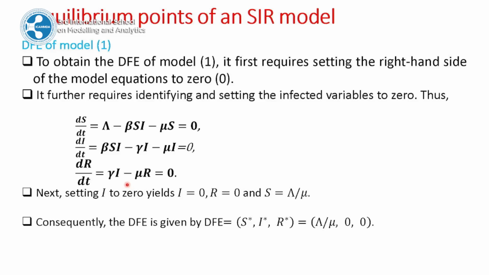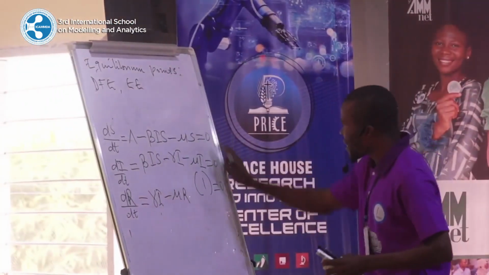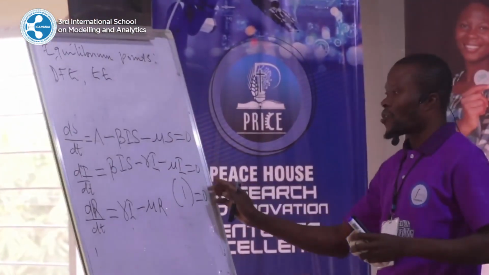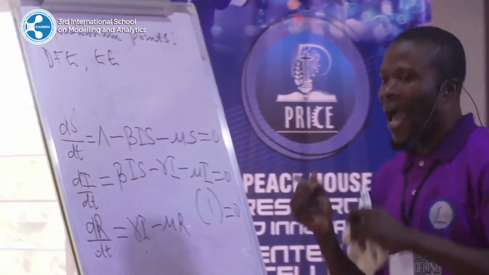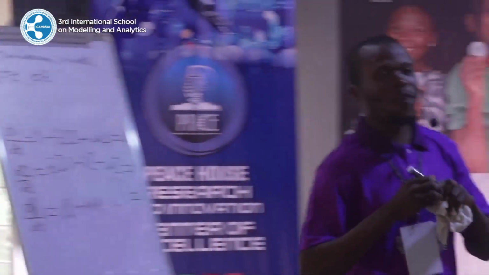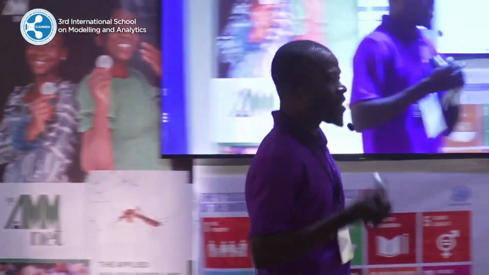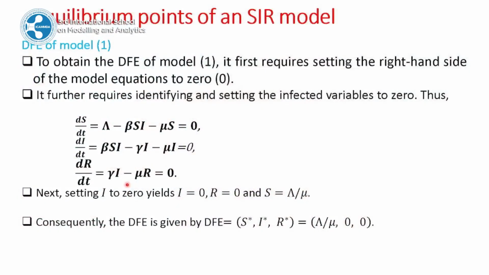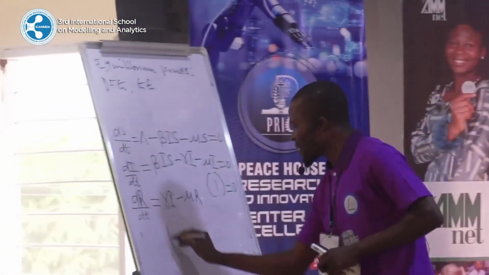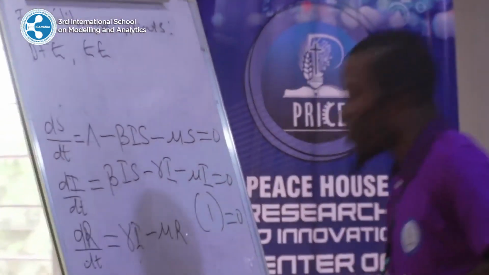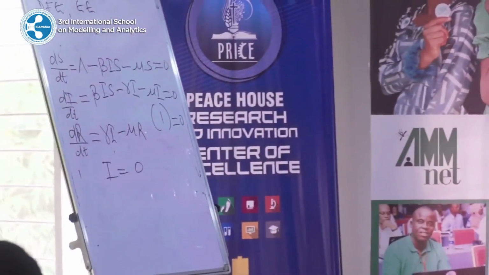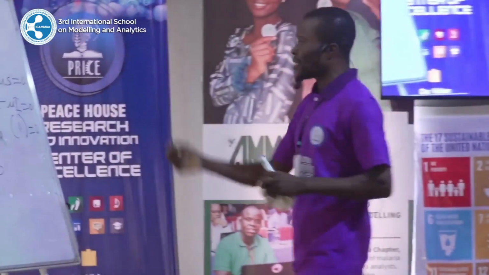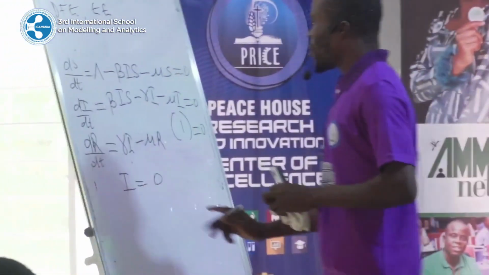As such, to find the disease-free equilibrium of this model, having set the right-hand side of each of the equations to 0, we also need to identify the infected compartment. What is the infected variable here? It is I. It also requires that we set I to be equals to 0. So let's see what happens to that system if we set I to be equals to 0.